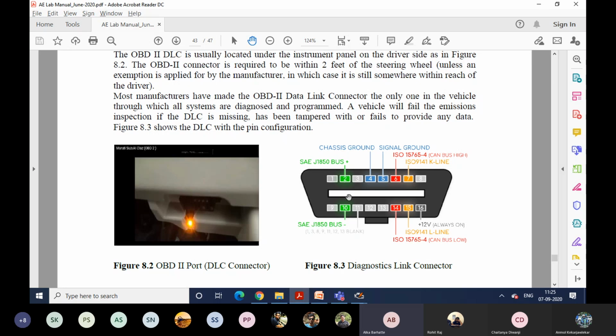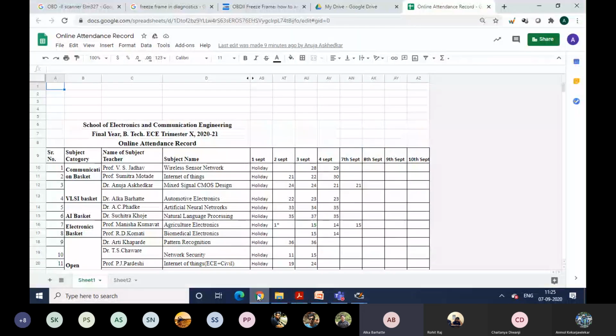It's a 16-pin connector, and I'll show you a few pictures of those connectors.